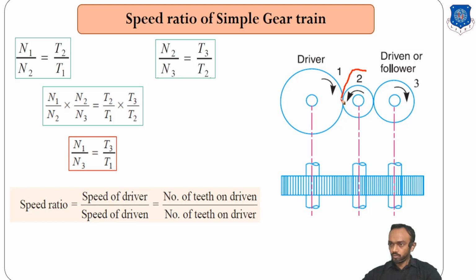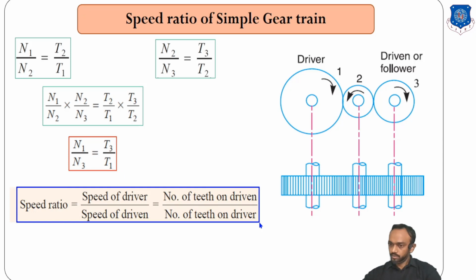There is no relation or interference by gear number 2, meaning T2 does not appear. So what you have learned is that in transmitting motion from gear number 1 to gear number 3, there is no effect of gear number 2. First of all, check this equation and we are going to see how gear number 2 is helpful here.